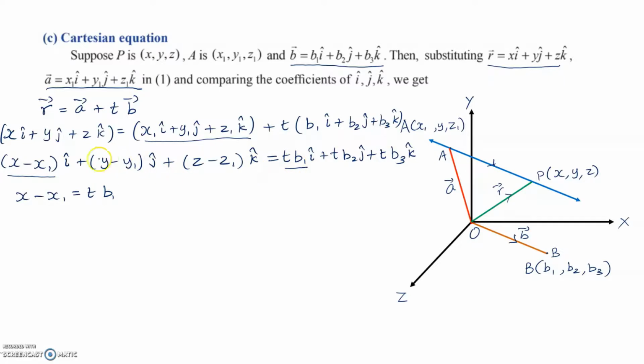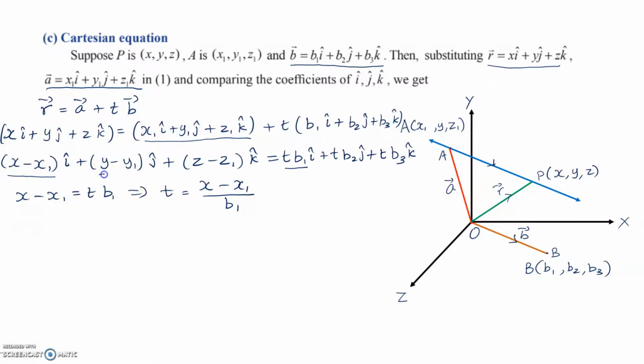The coefficients of i cap on both sides are unique, so this has to be equal to this. So you can further write t is equal to x minus x1 divided by b1. Bringing the b1 down, t is x minus x1 divided by b1.